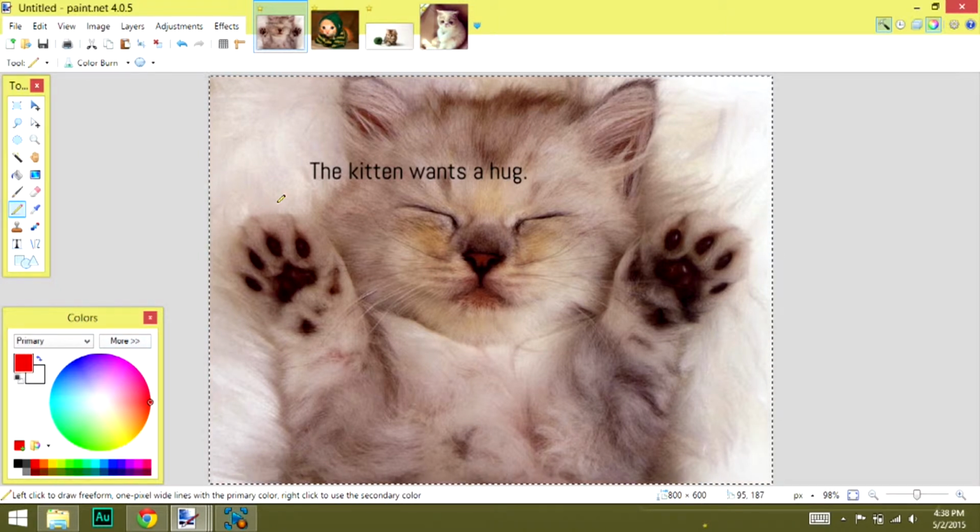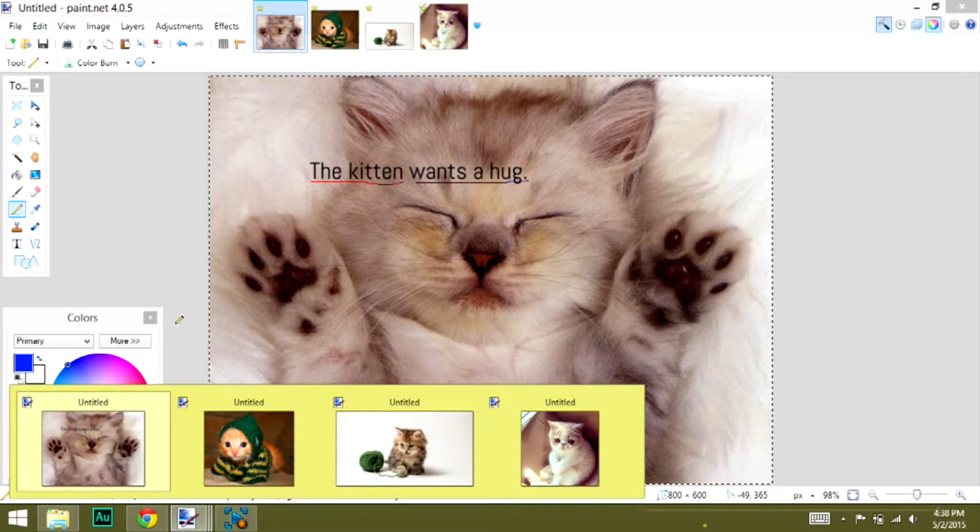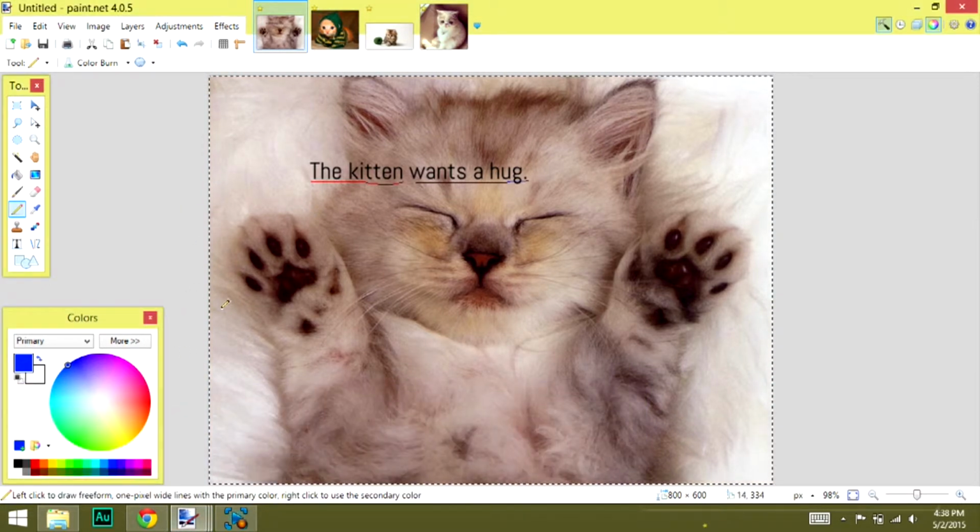And it is a complete thought because it has what all clauses have, the subject and the predicate. The kitten wants a hug. And an independent clause is different from all the other clauses because it can stand on its own, as I mentioned before. All the other clauses can't stand on their own, but an independent clause can.